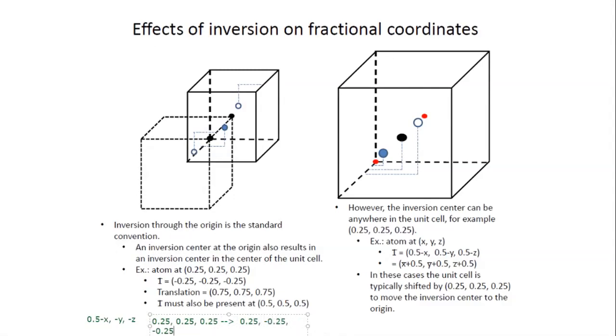So this would be the set of inverted coordinates for that one. And this would tell you that the inversion center is off of the origin. Because if you were to find the midpoint between these two points, it wouldn't be at the origin, 0, 0, 0. So long story short, you can have inversion centers that are not on the origin.